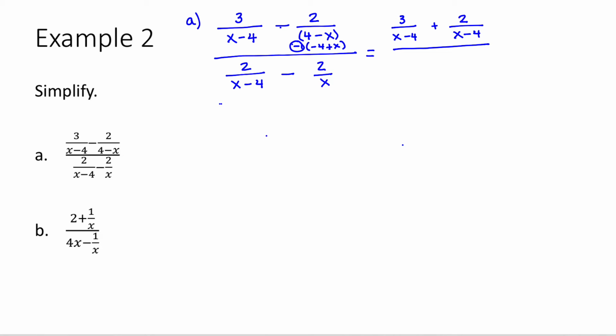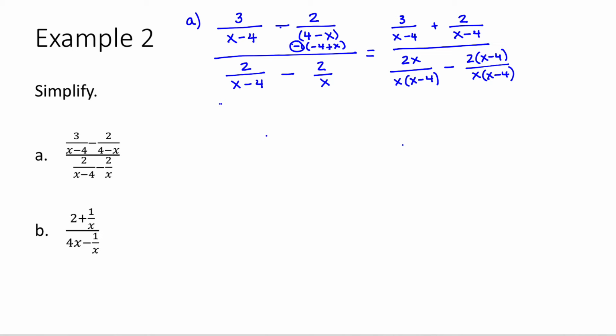In the denominator, we have two different fractions with different denominators. So the common denominator is going to be x times x minus 4. So my first fraction is 2x over x times x minus 4. And then the second fraction is 2 times x minus 4 over x times x minus 4.